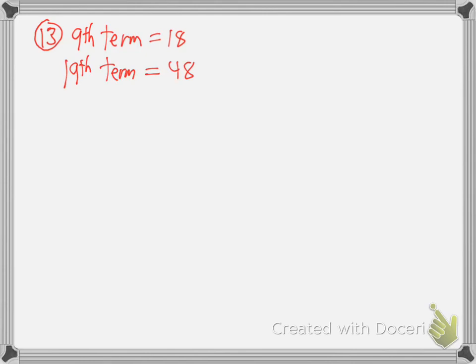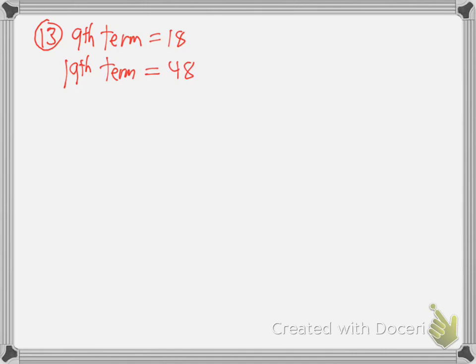They're just telling me 2 specific terms, the 9th term and the 19th term. And from that, and the fact that it's an arithmetic sequence, adding or subtracting the same number every time, how can I figure out the formula?